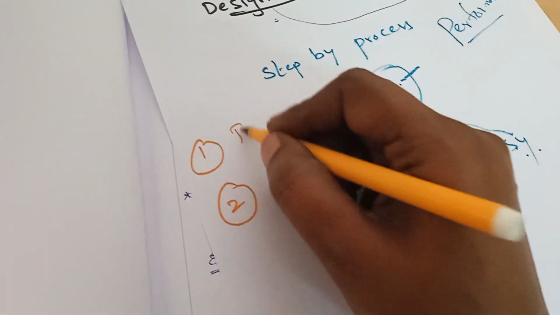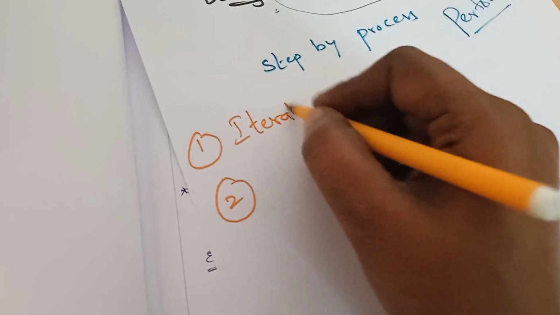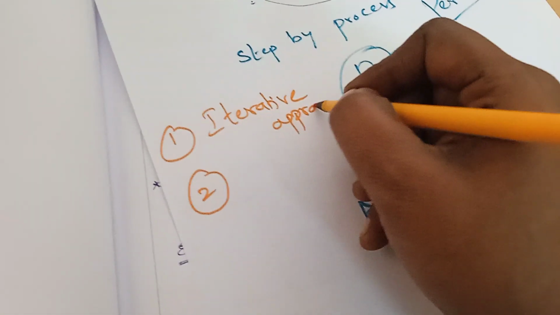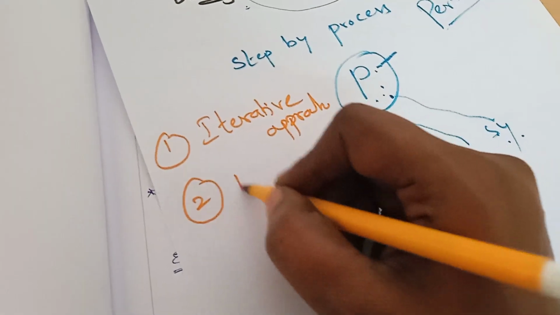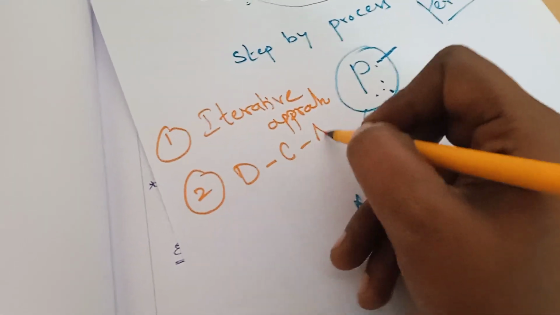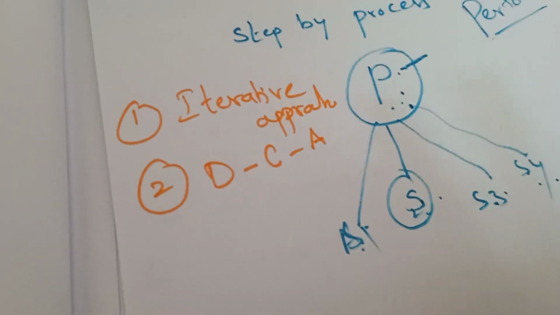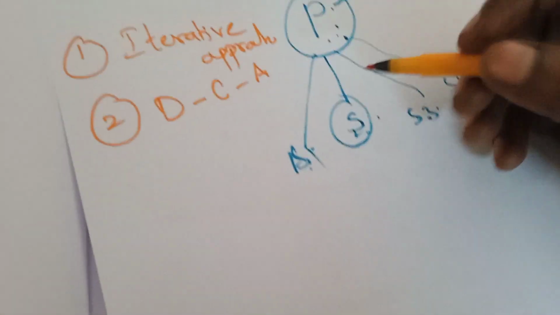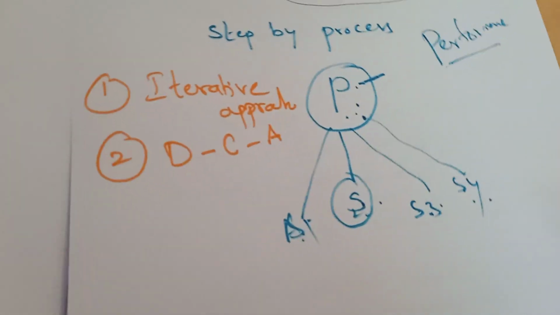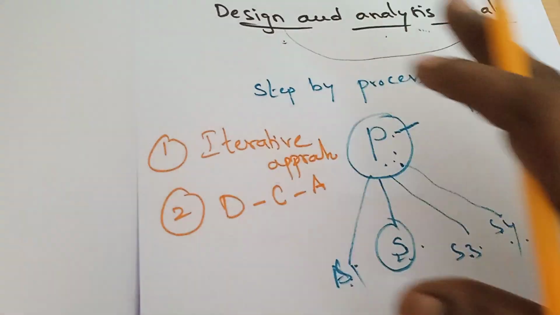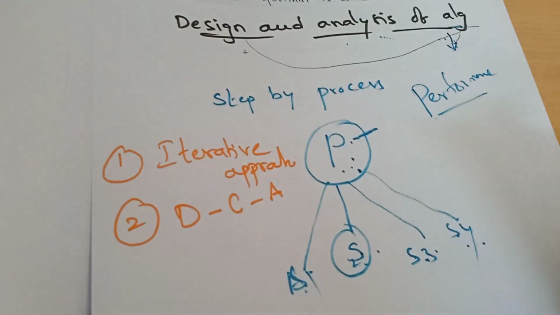The one way is the iterative approach. The second way is the divide and conquer approach. Every algorithm will be either an iterative approach or a divide and conquer approach. We'll see what each is, and this is the overall idea about the subject.